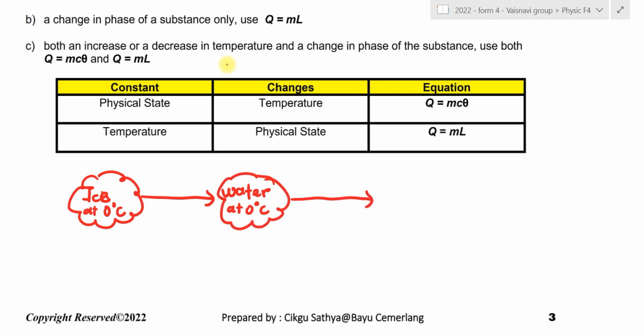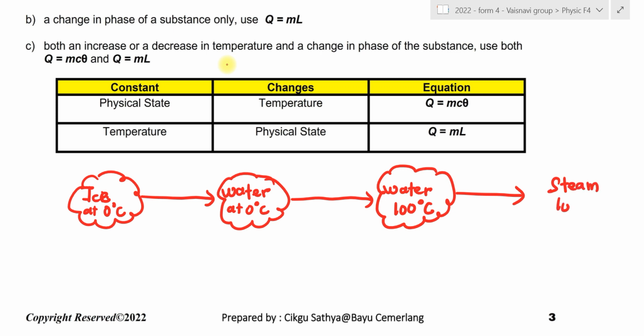And then it becoming water at 100 degrees Celsius first. It will increase up to 100. Once it reaches the 100, it will becoming the steam at 100 degrees Celsius. Can you understand this pathway? Any question with this first?